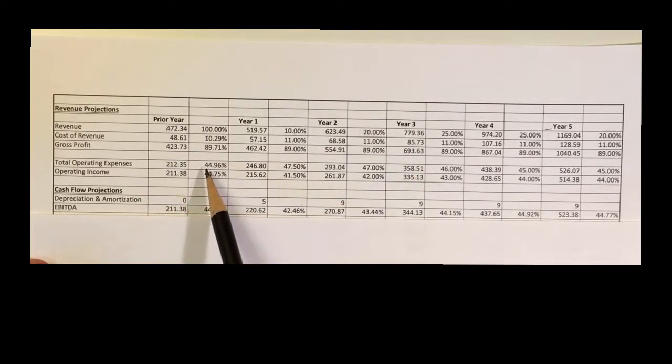Similarly, notice how operating expenses, so historically 45% roughly was the amount that the company had to spend of its revenue to run its operations. And again, being conservative, the team has decided to bump that as a percentage of revenue by 2.5 percentage points.